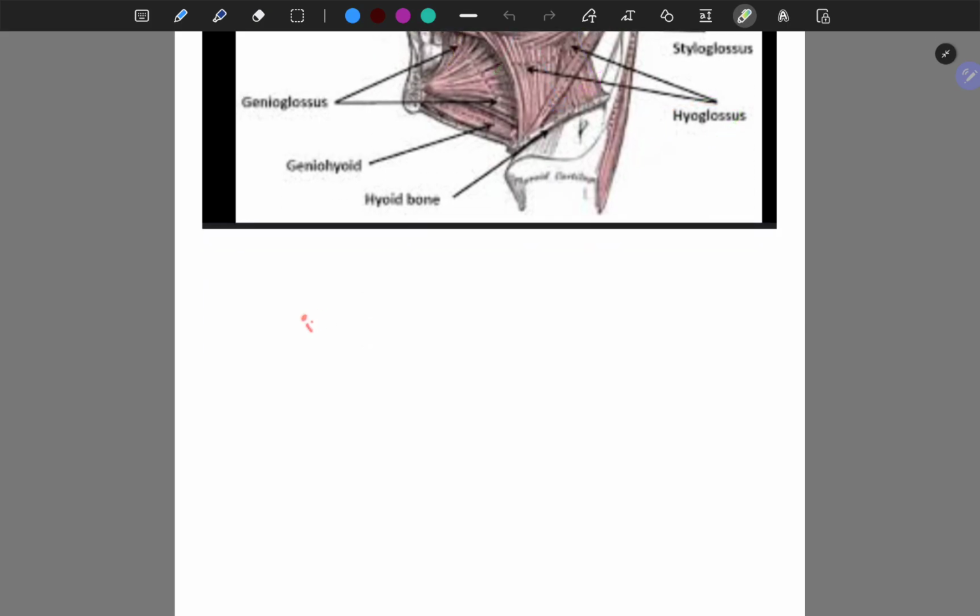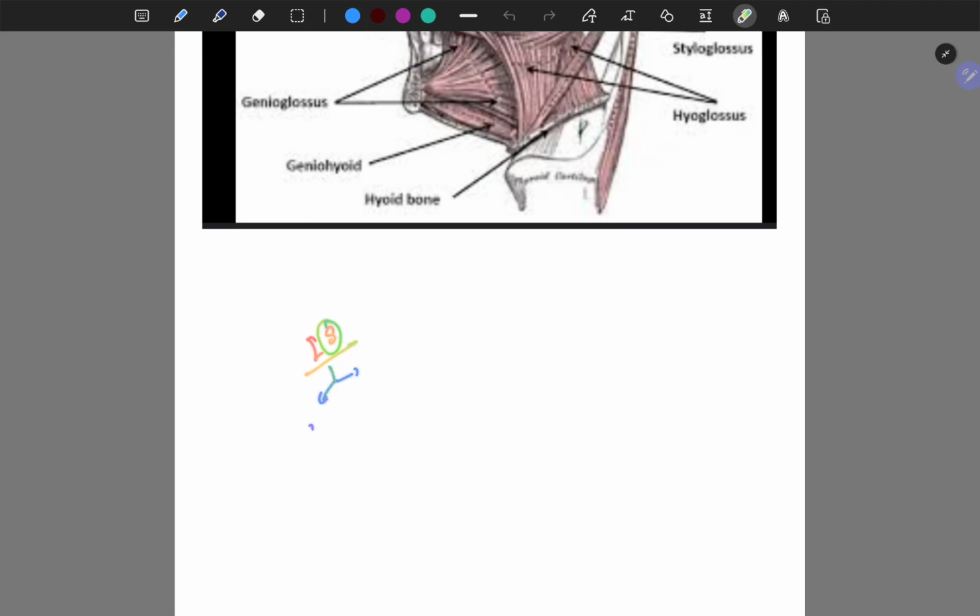And the intrinsic muscles of the tongue are the superior longitudinal, inferior longitudinal, transverse, and vertical muscles. Both superior and inferior longitudinal muscles, the longitudinal group, will shorten the tongue.